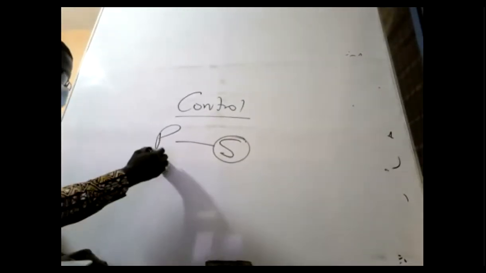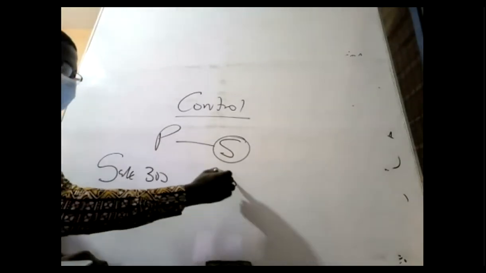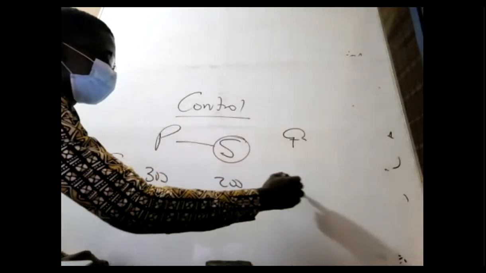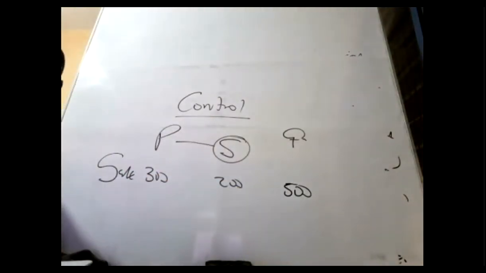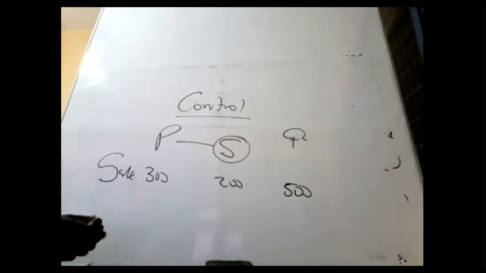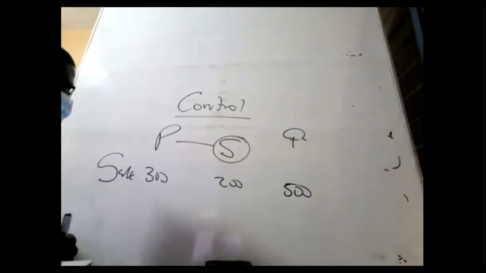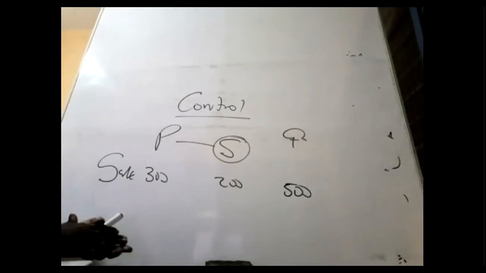So if you have control, the parent is the one that's allowed to consolidate what? The subsidiary. So parent results, maybe sales revenue, here's 300, here's 200. So group sales revenue, you add the two, that was 500. Good. So take note of that.